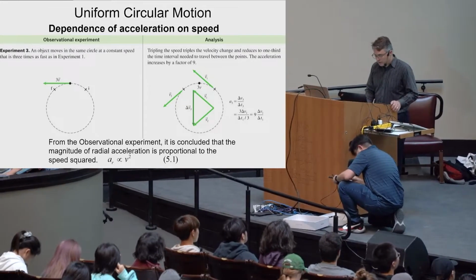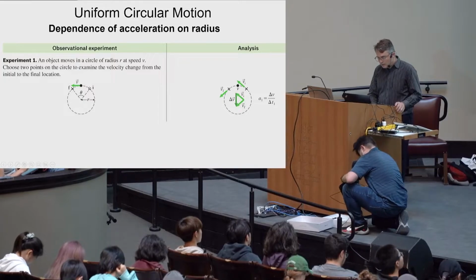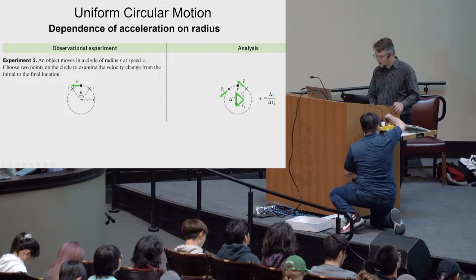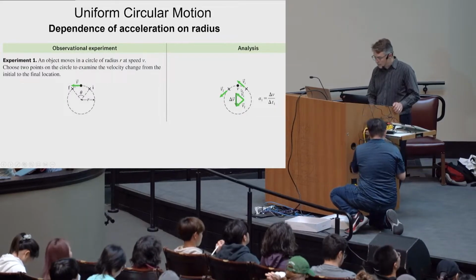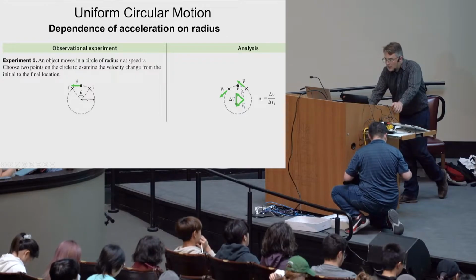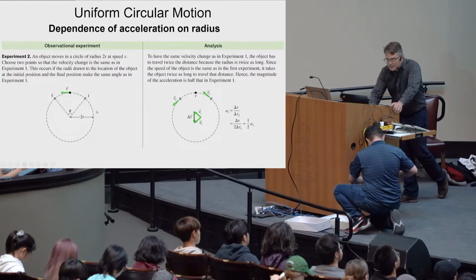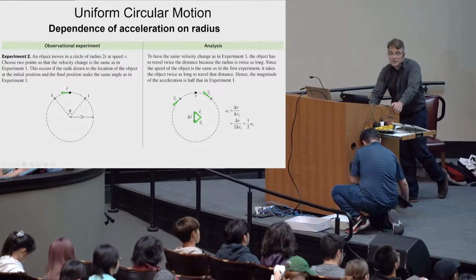And then what about the radius of the circle? So we start with it going at some speed on a circle of some radius. There's your delta v from these two x's. And then what she does is expand the circle, doubles the size of the circle, but keeps this angle theta the same, and keeps the speed the same.